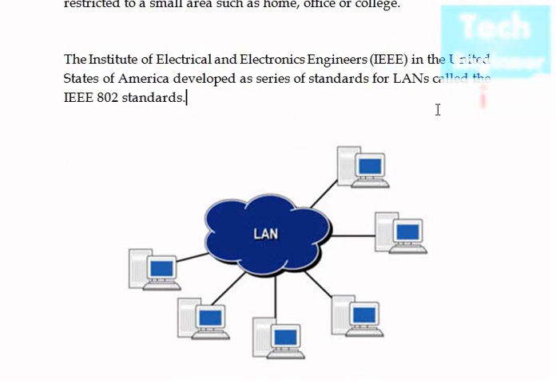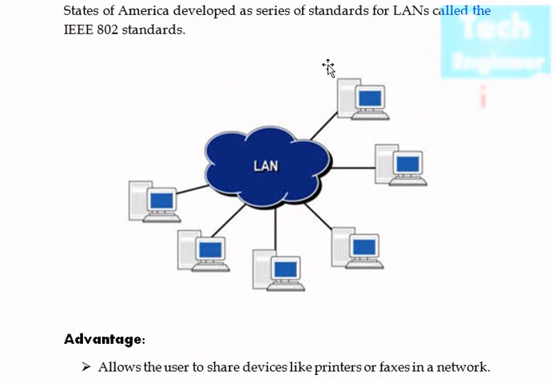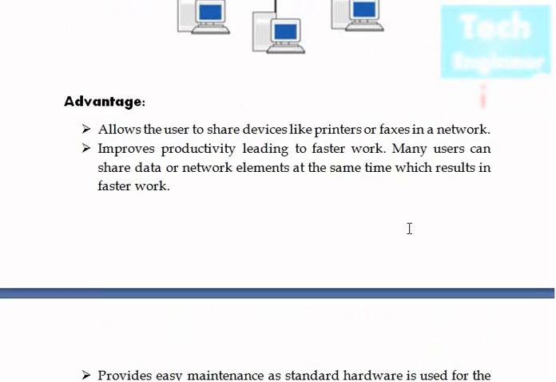We already learned about the IEEE standards, and we found that the first IEEE standard, developed by the Institute of Electrical and Electronics Engineers, is IEEE 802, which is developed on the basis of local area network and metropolitan area network. Now this is what LAN is all about. You can create a small network and connect those PCs to each other.